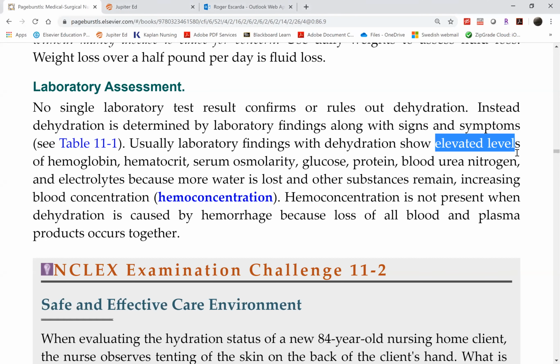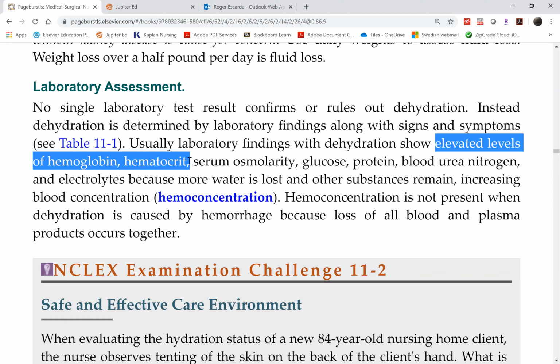So it contains more cells compared to water. So what will happen to your hemoglobin and hematocrit? Hematocrit is the percentage of the distribution of red blood cells per 100 ml of blood. So what will it be? Is it high or low? High. Very high. So it shows you here elevated.